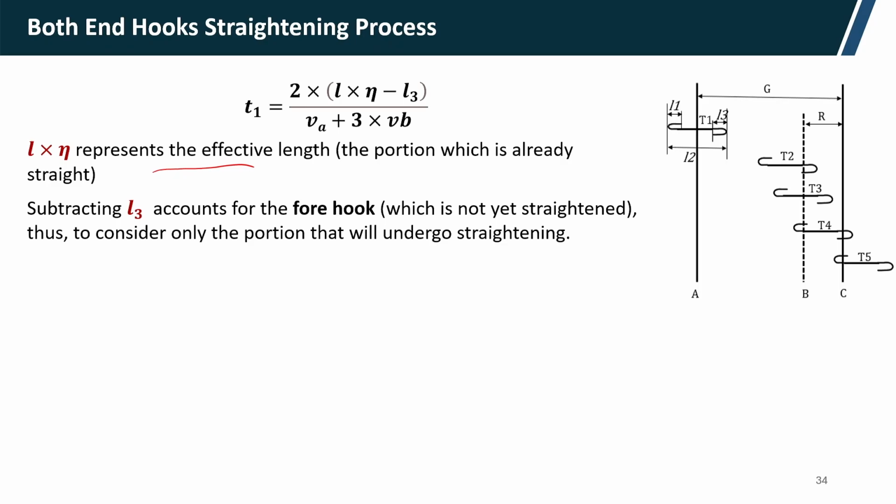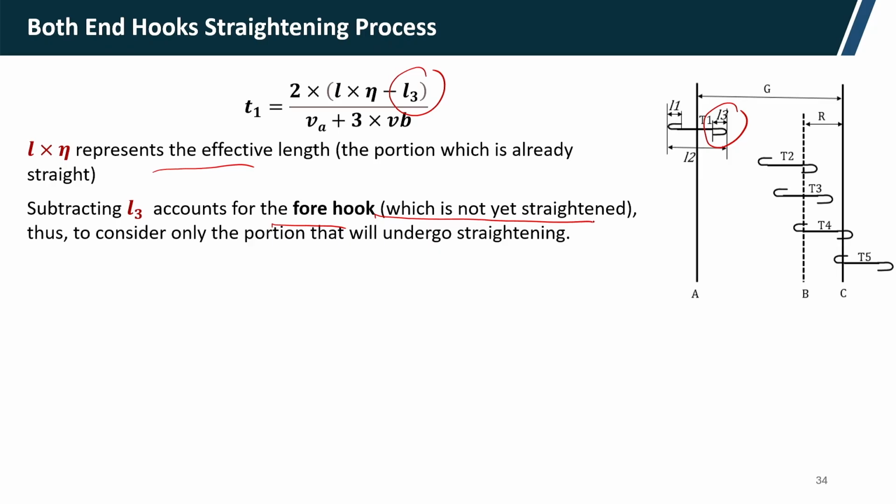Now, subtracting L3, what is L3? L3 is the length of the leading hook, and it accounts for the front hook which is not yet straightened. So, this is straightened, this is not yet straightened.